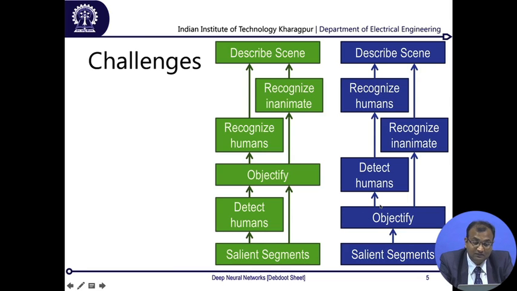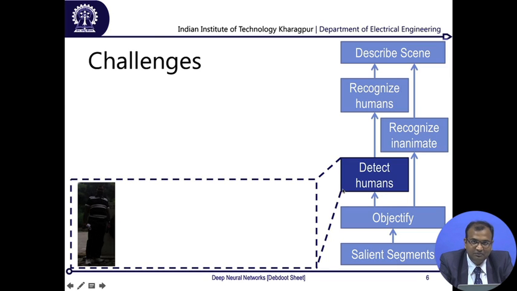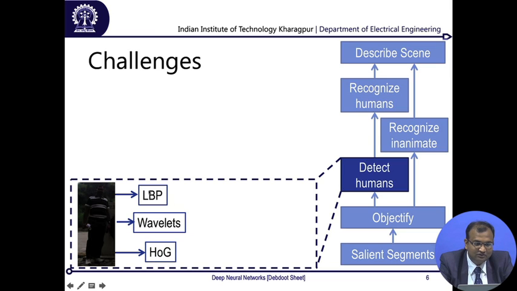Now this is one problem, this is one challenge. The question is, is this the only challenge which is going to plague me? That will not be the case, because if you look into one of these blocks, which is about detecting humans: one way of detecting humans may be that I take a patch of that salient object, and on that I find out certain features, so maybe local binary patterns, wavelets, and histogram of oriented gradients.